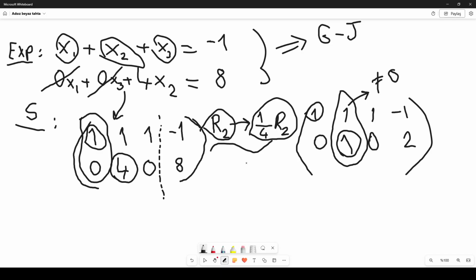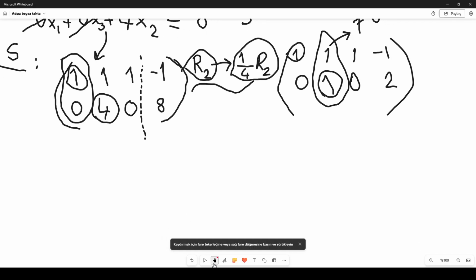How can I do that? Okay, let's do it. So what should I do? Again, continue to convert it into its equivalent form, in other words, reduced row echelon form. I need to replace row number 1. Okay, so replace it by what?